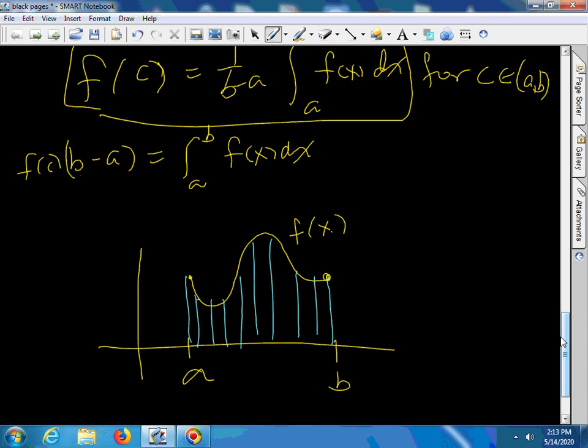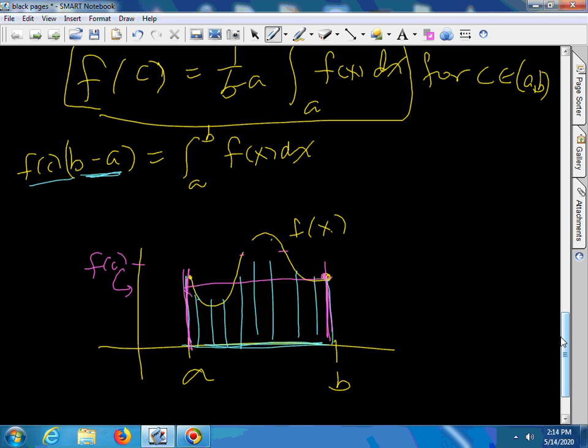Now, this here is the base, and that's some f of c. Suppose f of c is right there.